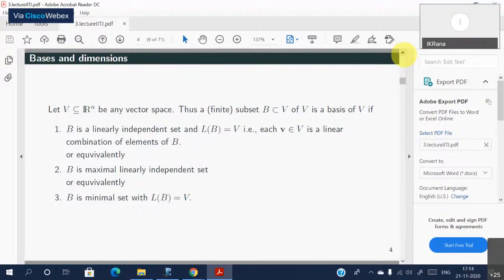So sometimes we may be able to show that a set of vectors generates and is linearly independent, or we may be able to say it generates and it is minimal. So depending on the situation, one form or the other is useful, and all these equivalent ways of describing the same thing are very useful and very important.